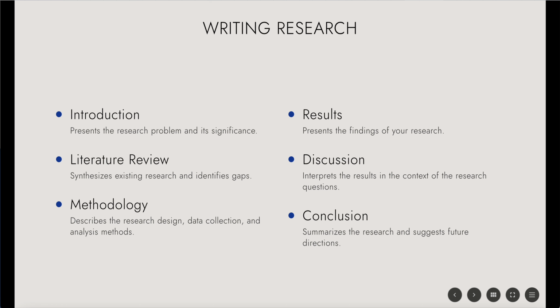you're just saying, here are my results. The discussion is where you get to start saying, I found this, so therefore I think it means this. Or I found that and I have questions, or there needs to be further research. Or there were themes across things. Or maybe you feel like the score doesn't really reflect what's happening in the situation. The discussion is the place for you to think about, what are all of your thoughts on why you found what you found?